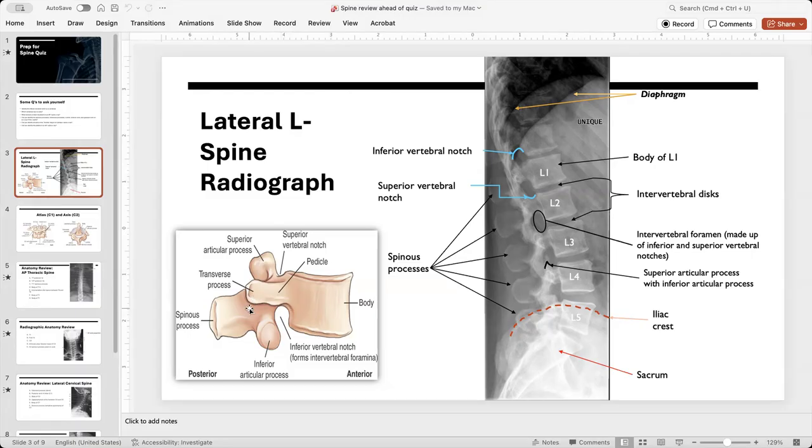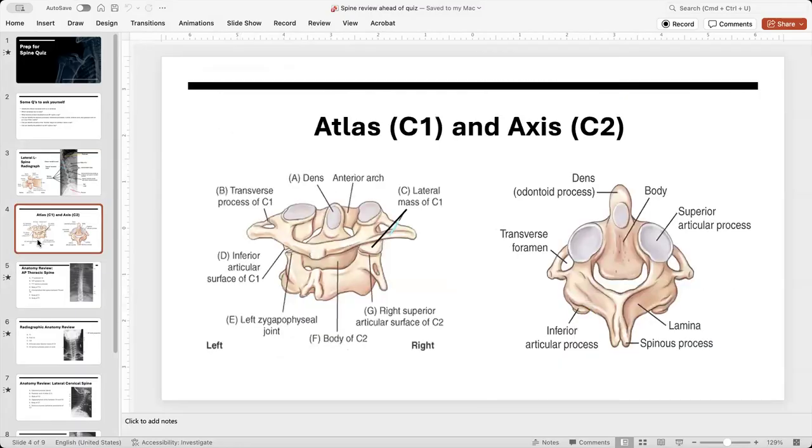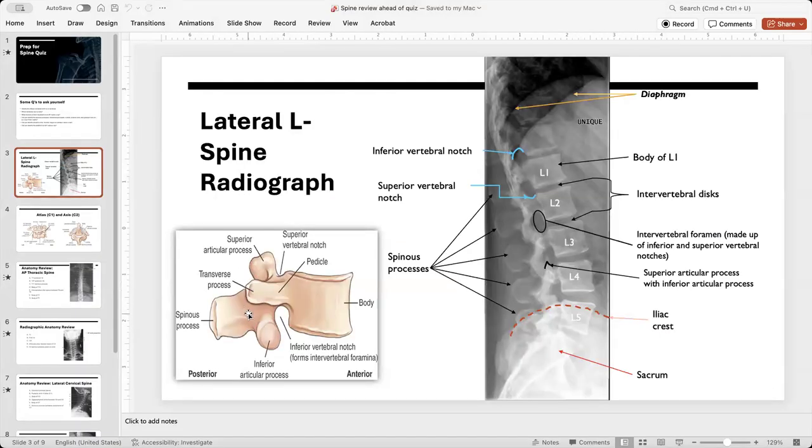And then the lamina connects the spinous process to everything else. That pretty much stays the same. So for example, here's the lamina on this C-spine vertebrae, connects spinous process to everything else. Right here, the lamina should have been labeled about right here, connects the spinous process to everything else.